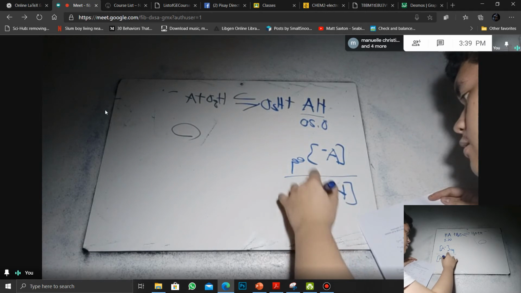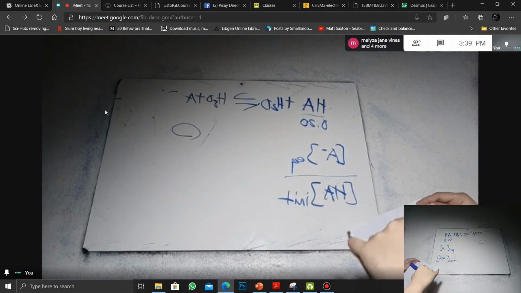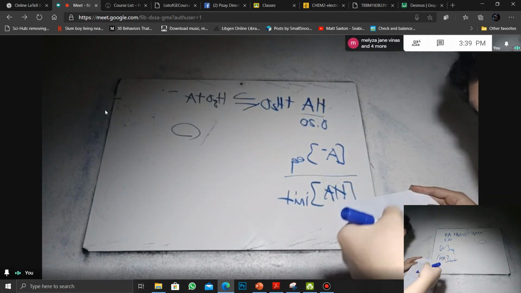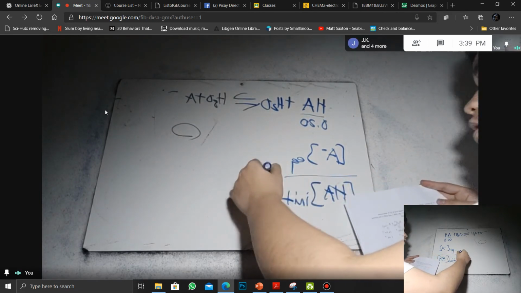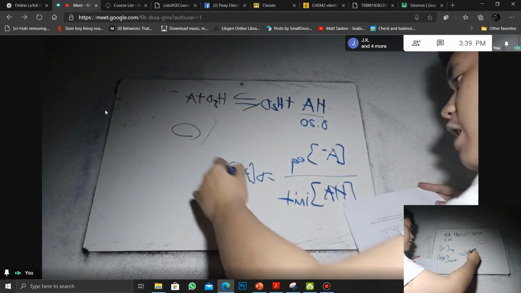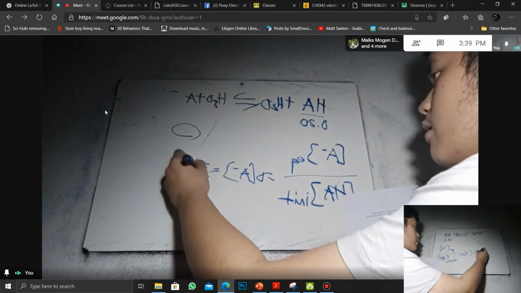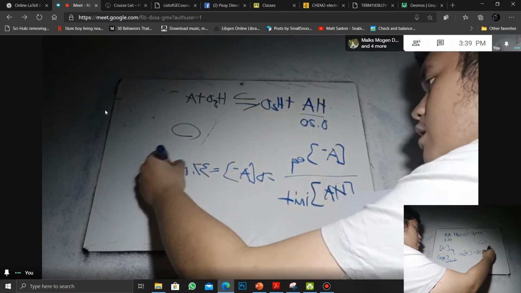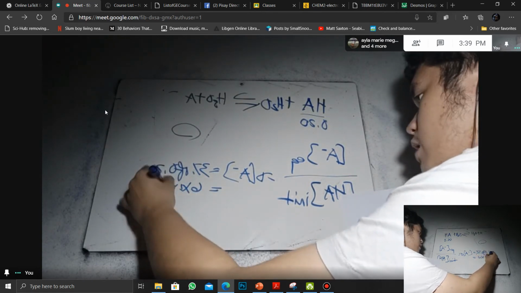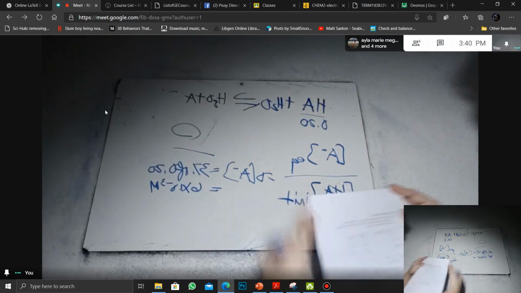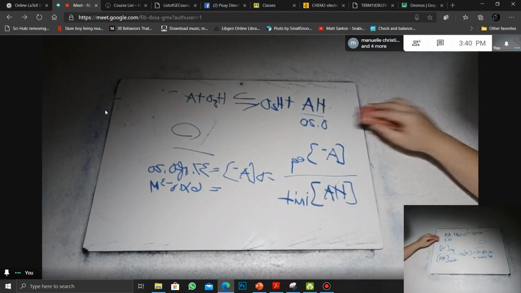So, in short, kapag kinuha natin yung, di ba 3% dissociated? So, we can instantly get A minus, which is just 3% ng 0.20. So, 6 times 10 to the negative 3 molars, yung A minus at equilibrium.